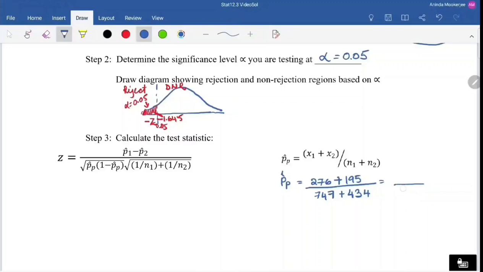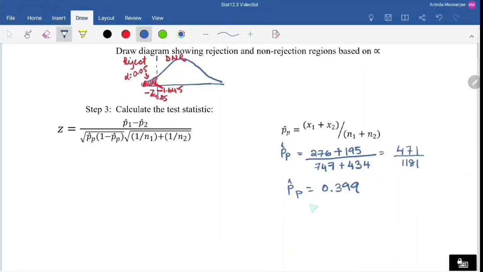So the denominator will be 1181, and 276 plus 195 is going to be 471. All right, 6 plus 5, okay, 471. So p hat sub p, when you do this division, should give us a value of 0.399. Again, 3 decimal places.